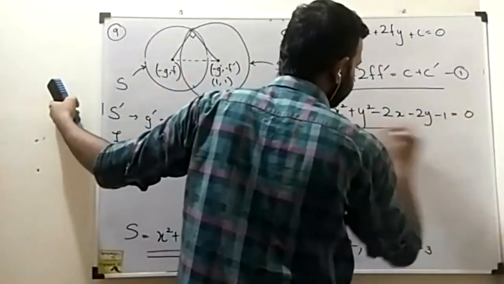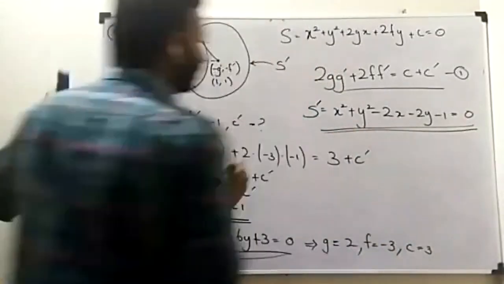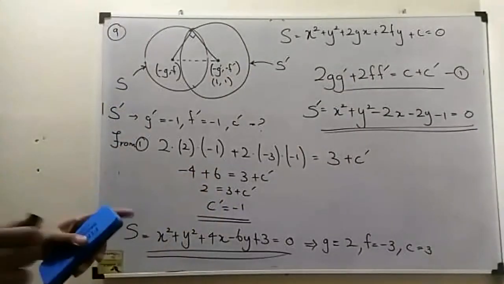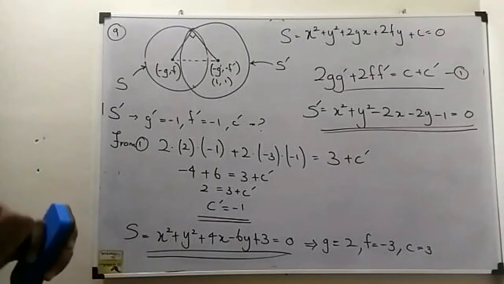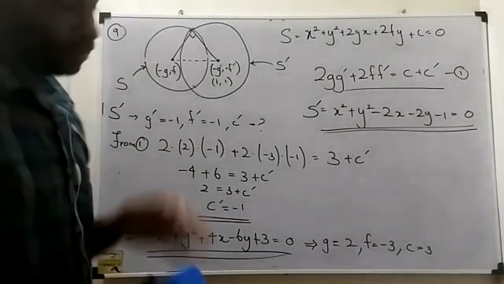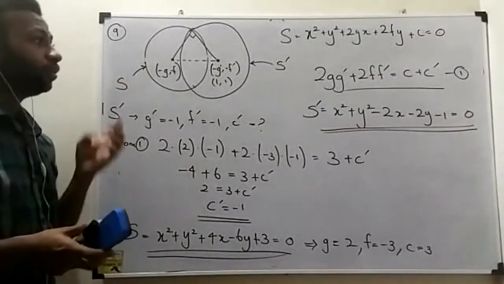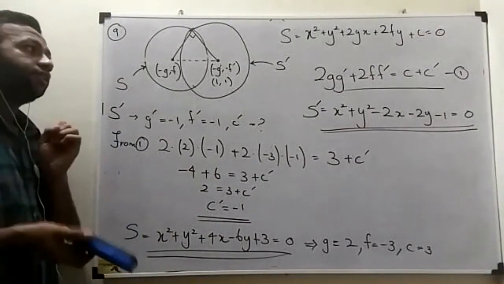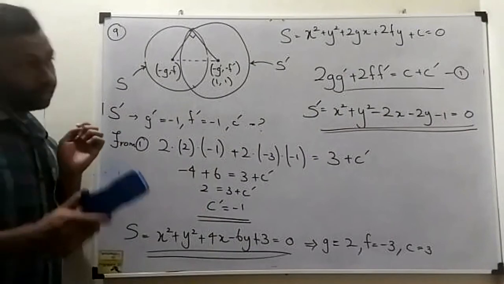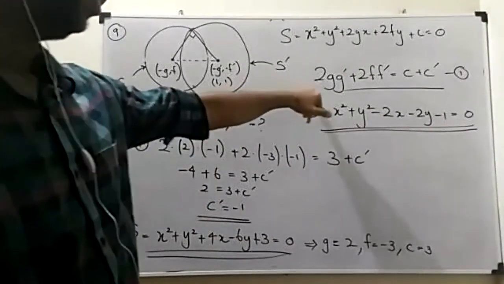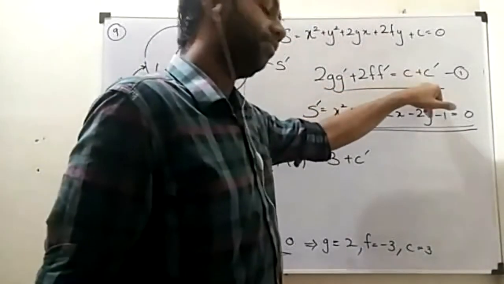So this is the equation of the circle that intersects the previous circle orthogonally, and it has the center 1 and 1. So what did we do? Whenever there's a circle that intersects orthogonally, this is the equation you need to remember: 2g g dash plus 2f f dash equals c plus c dash.